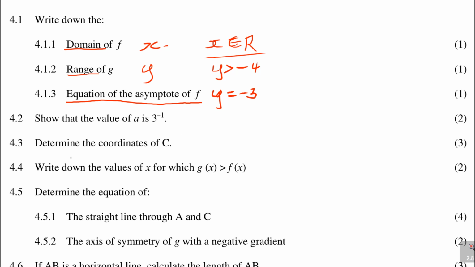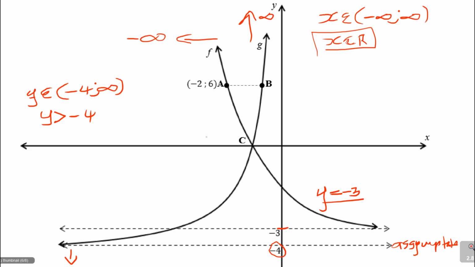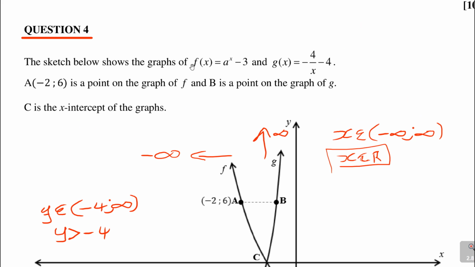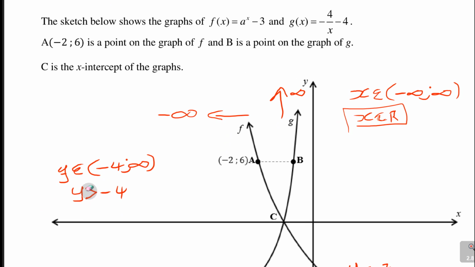So that's it. And then it says show that the value of a is 3 to the power -1. So here you come back and see the information that they've given you. We need to show the value of a. Remember, f of x is a to the power x minus 3.